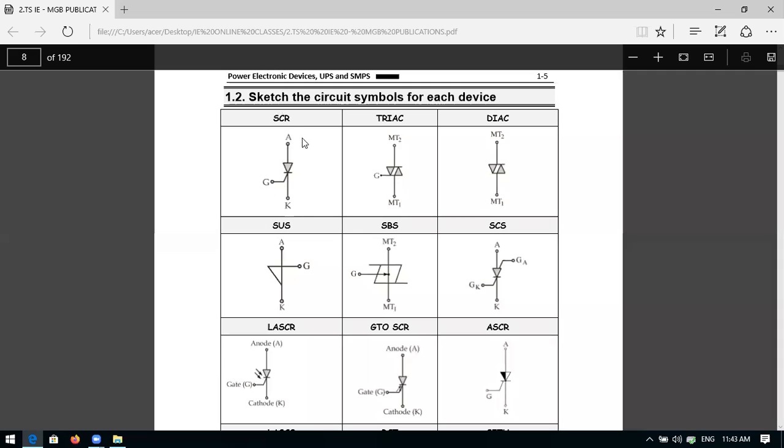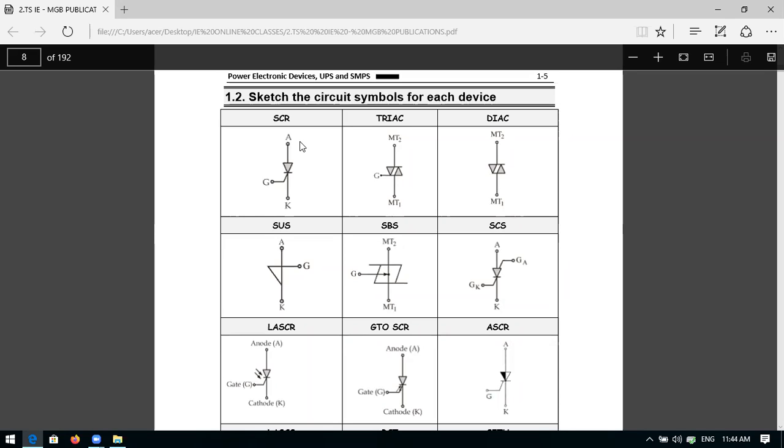If you see the SCR symbol, how many terminals? It is a 3-terminal device. They will ask what is SCR. SCR is a silicon control rectifier, a 3 terminal, 4 layer, 3 junction semiconductor switching device. You have to tell it like this.